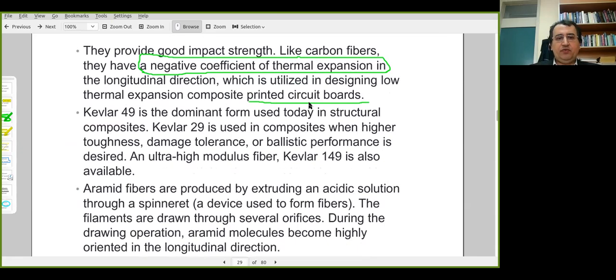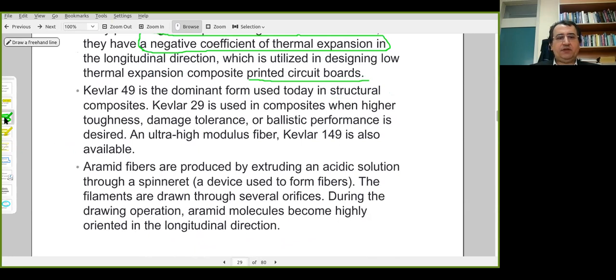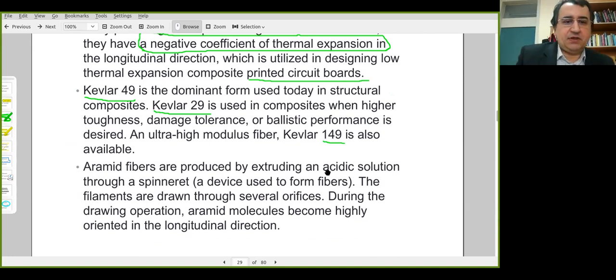A number of different trade names are mentioned here: Kevlar 49, 29, and 149. These are trade names for such fibers produced by DuPont company. This particular one is a high modulus fiber, for example, Kevlar 149.